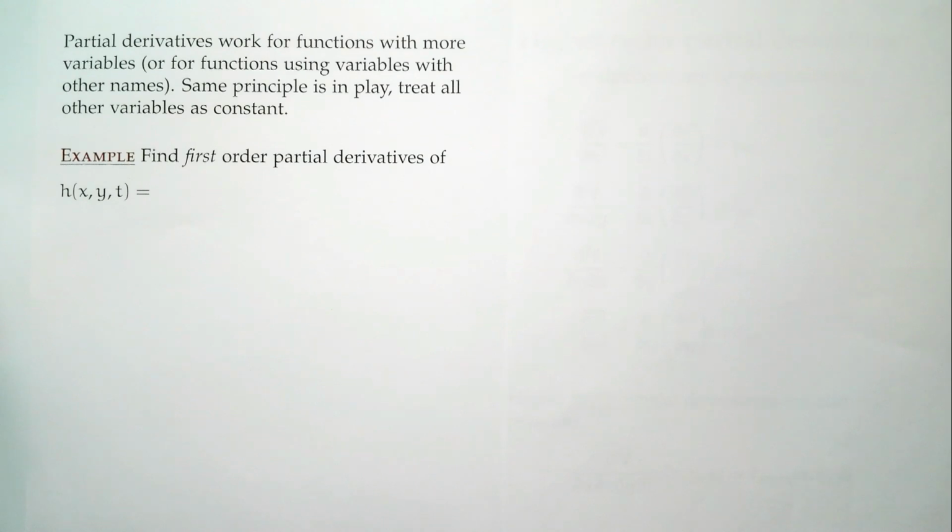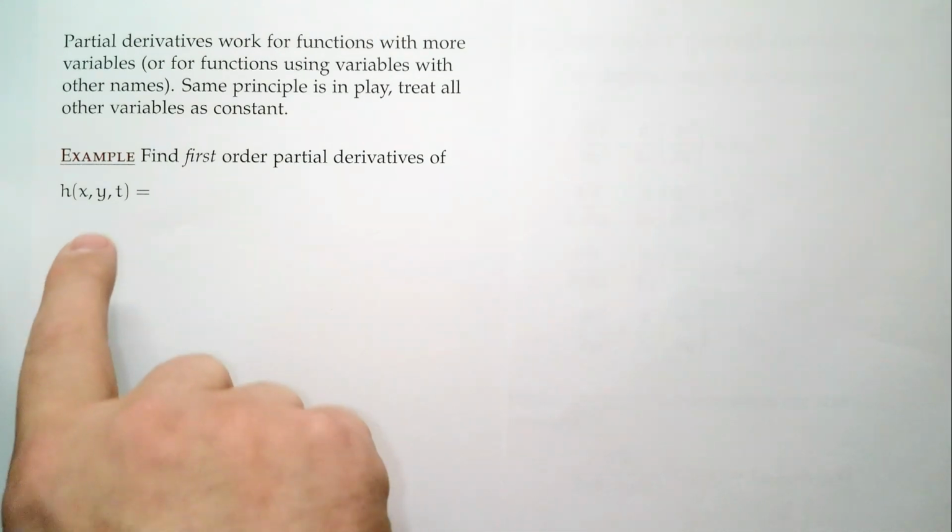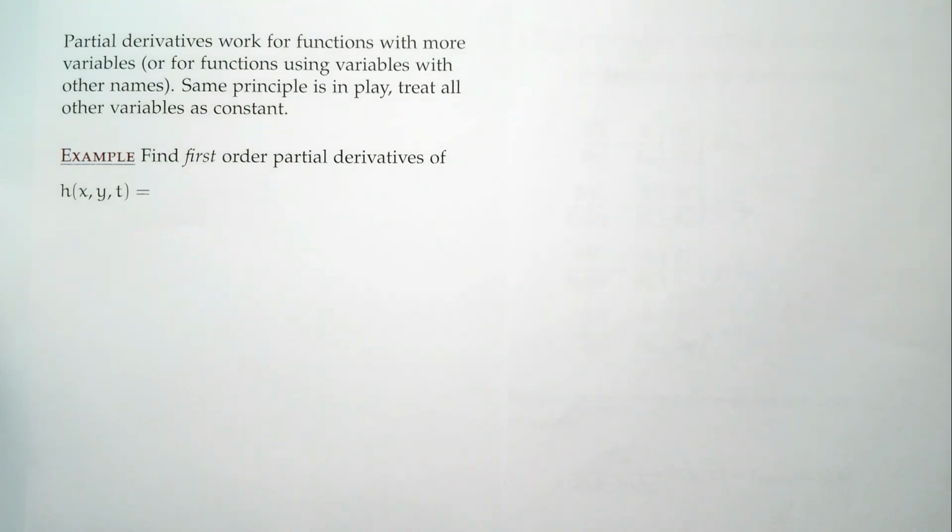So you can imagine you have a function of x, y, and t. You can think of things varying with time. We think of a surface as being a function just of x and y. But then maybe our surface is moving. Maybe we're trying to model, say, the melting of a glacier.